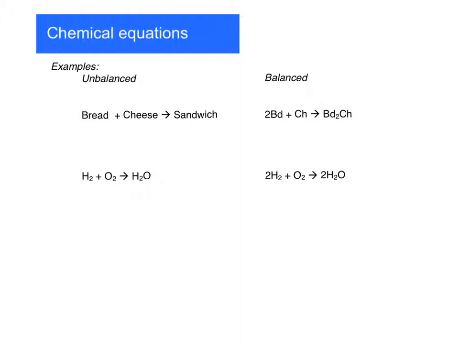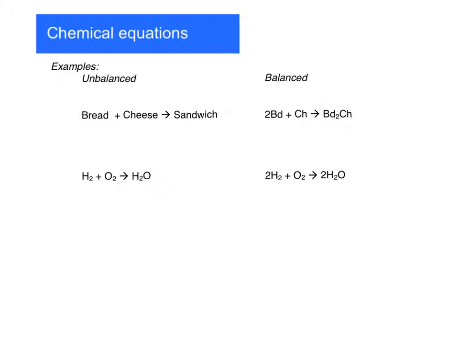Okay. Now we can do the same thing with chemicals and element symbols that we've used so far in class. So for example, if we wanted to explain how water is made, we know that it's made from hydrogen gas and oxygen gas, all right? But we don't have the same number of hydrogen and oxygen on one side as we do on the other when we make water, and so we need to balance our equation.